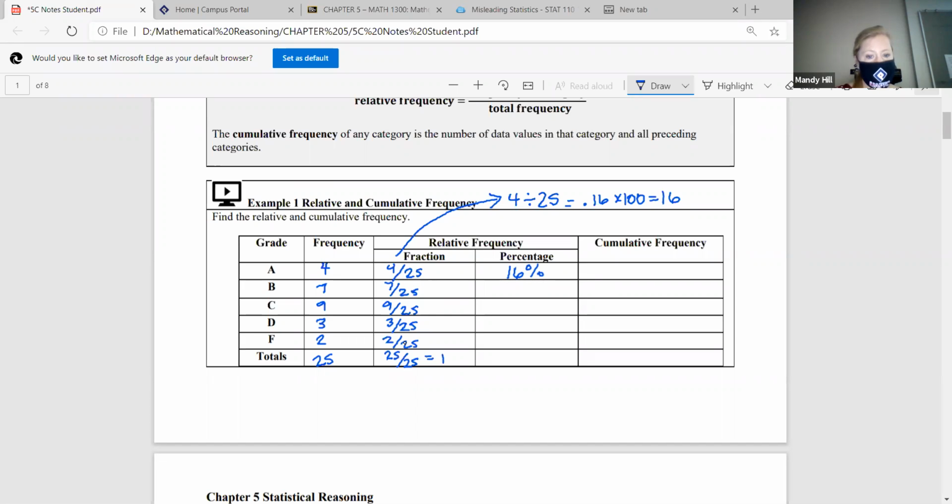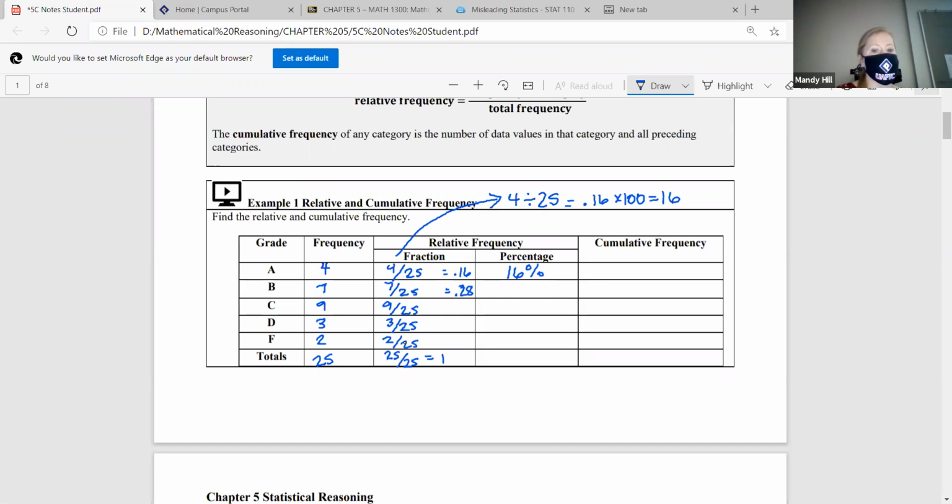Okay. 7 divided by 25 got me, I'm just going to write these decimals right here, so that this one got me 0.16. I multiply by 100 to get 16%. 7 divided by 25 is going to be 0.28.